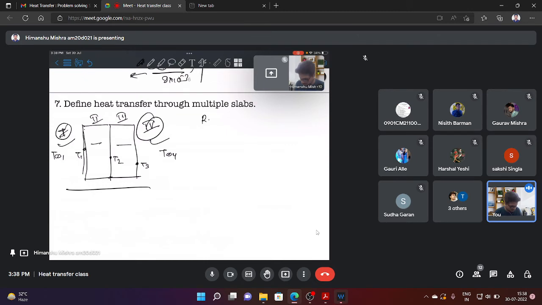So my resistance function for region 1 will be 1 over H1 A. For region 4, it will be 1 over H4 A, because it is due to convection. For region 2, it will be L2 over K2 A, and this will be L3 over K3 A.